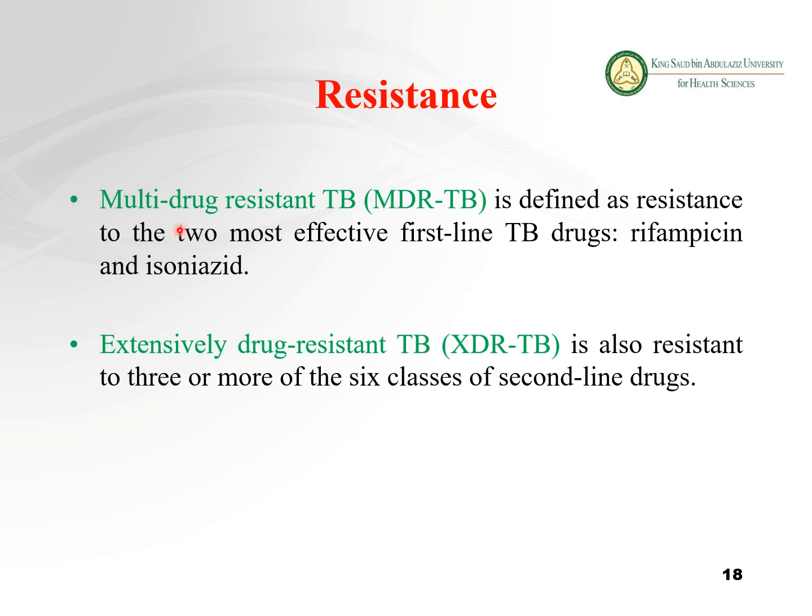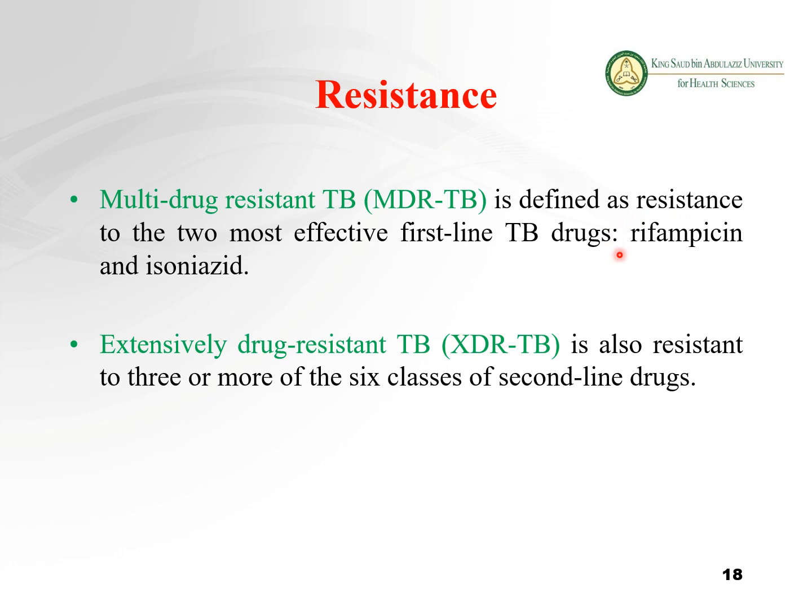Now, resistance could be multi-drug resistant tuberculosis or extensively drug resistant tuberculosis. In multi-drug resistant tuberculosis, resistance is produced to the two most effective first-line drugs, rifampicin and isoniazid.